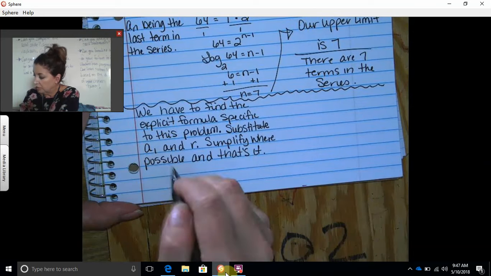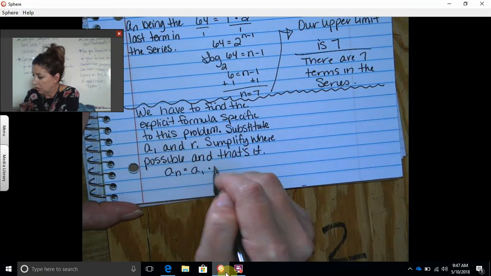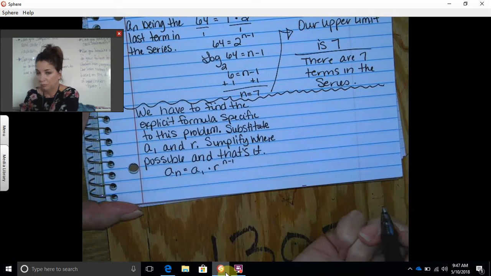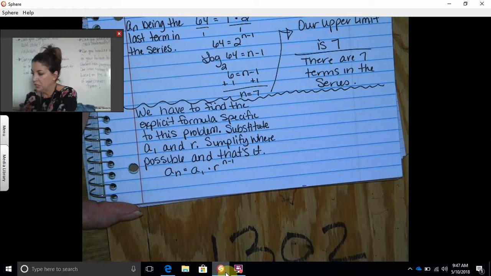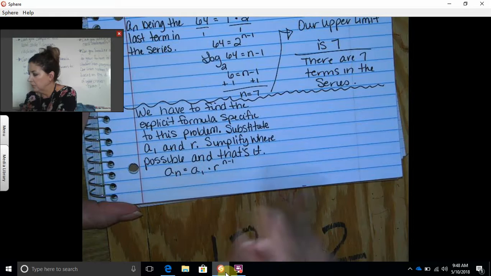So the formula is a sub n equals a sub 1 times r raised to the n minus 1. We just use that, okay? And remember, in the summation notation, we just use what's on the right side, okay? It's kind of like our formula telling us what to do.